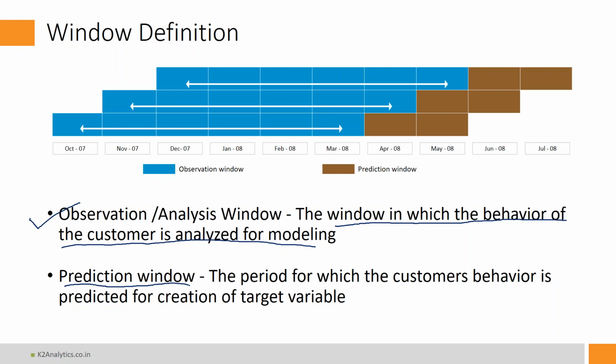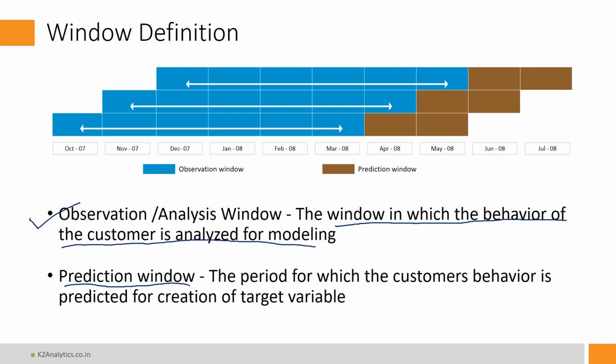From November, December, January, I took behavioral variables. The behavioral variables which I created based on November, December and January, can I create similar behavioral variables from December, January, Feb data? I can create the behavioral variables from December, January, Feb data.